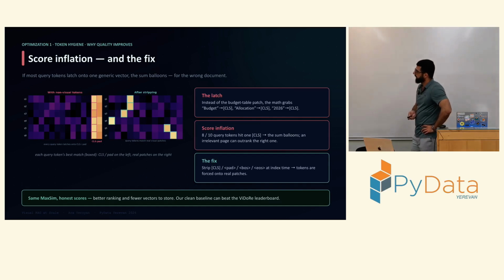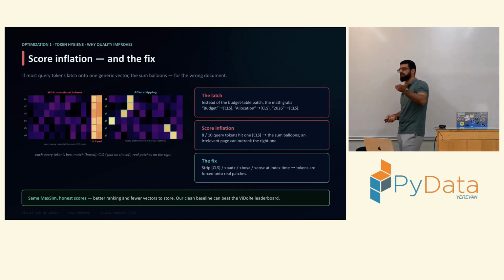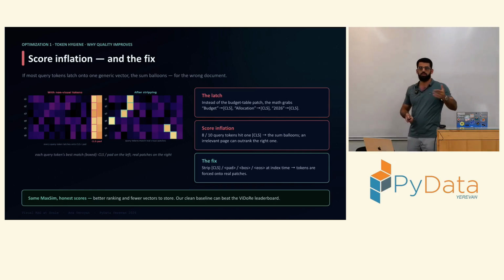And this is just an arbitrary example: whenever you have this CLS token, it can hurt the performance because it takes on itself most of the similarity score. Because of this, whenever you strip this CLS token, some keywords in your query can point to the right documents. Let's say you have a document about some financial report and your query asks, what's the most challenging part of this fiscal year.